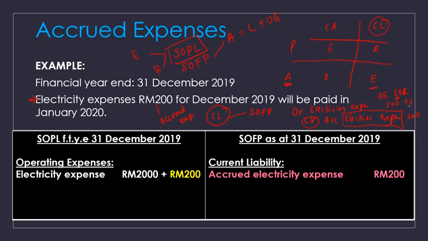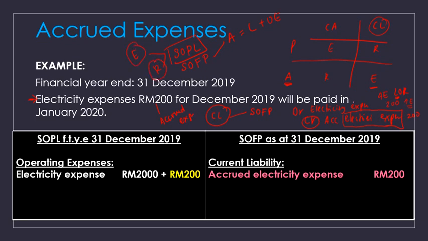Okay, expenses akan increase. So, bila expenses increase, you akan masukkan di belah mana? Di statement profit or loss ataupun statement of financial position? Kita akan masuk dia dalam statement of profit and loss, sebab profit and loss ada expenses and revenue.